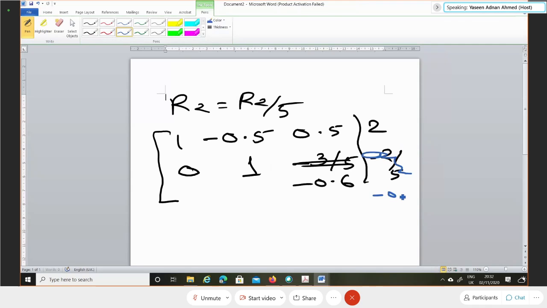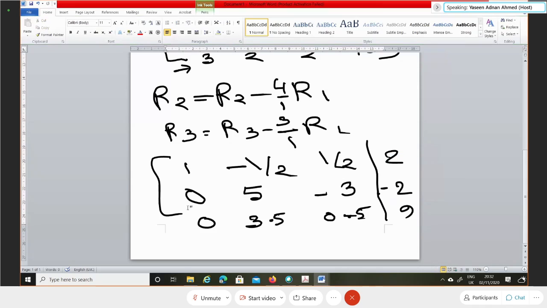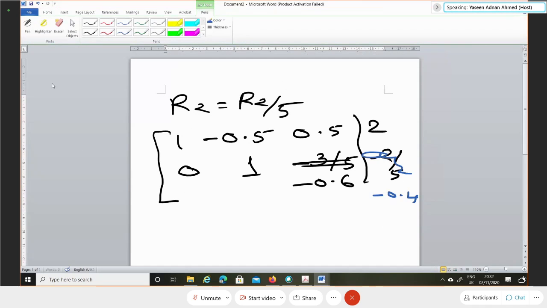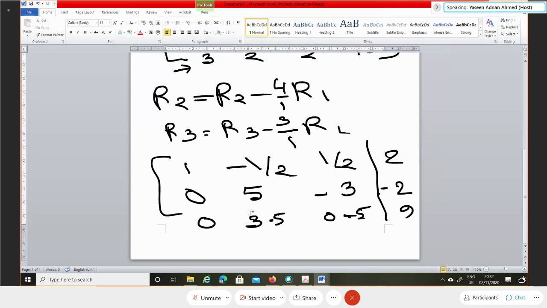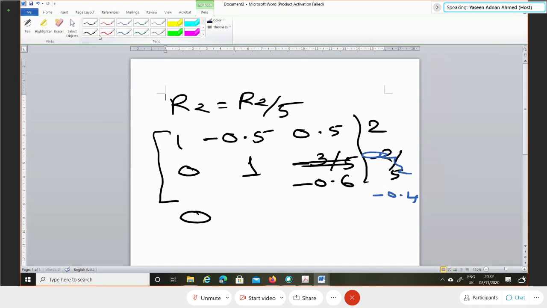Minus 0.4, right? And the next one, you just need to write as it is. So it should be 0, 3.5, and then 0.5 and 9. Okay, so just make the matrix close.